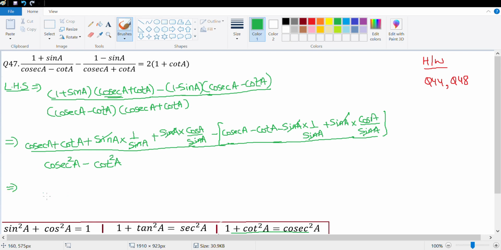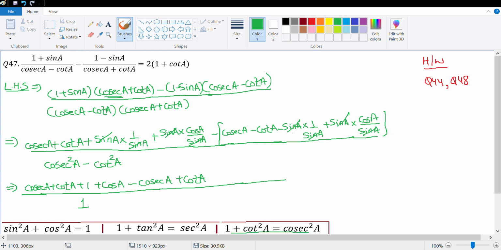So let's just first finish off with the denominator. Denominator is 1. The reason being, we'll write the reason later. So I have in the numerator, cosec A plus cot A plus, this is 1. This is plus cos A and minus. When I open this, this becomes negative cosec A. Done. This becomes plus cot A. Done.